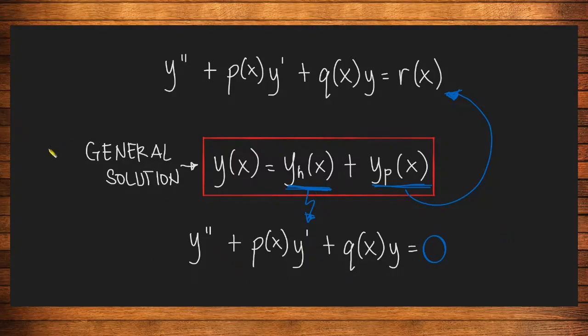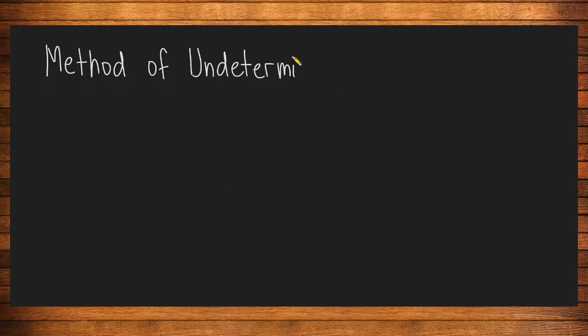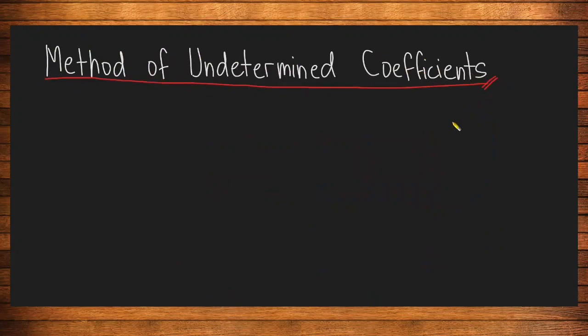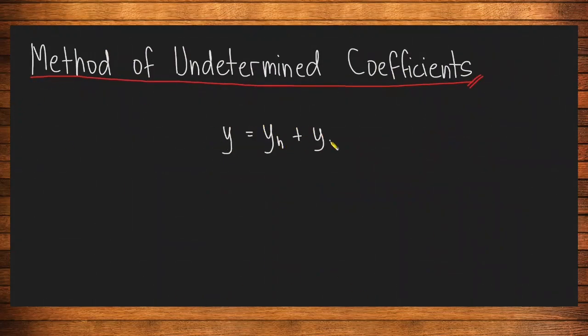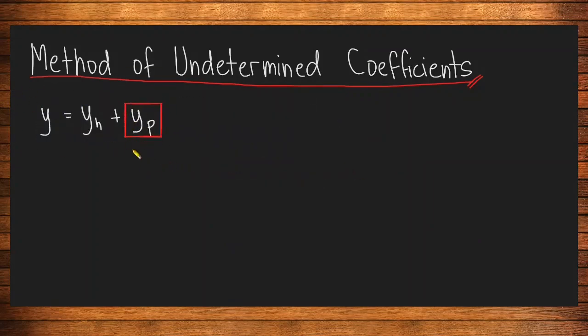So yung problema na lang natin dito is paano natin hahanapin itong second term natin, yung y sub p. So again, in this video, we are going to discuss two methods in order to obtain the value of this solution. The first method is the method of undetermined coefficients. So the solution y sub p of our non-homogeneous linear ODE can be obtained using this method.